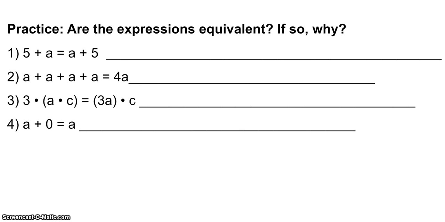Okay. Well, let's look at number 1. 5 plus A is equivalent to A plus 5. Well, let's see. It looks like that 5 and that A are switching places. Therefore, it is equivalent because it's also addition. They're switching places and it's addition. And if they're just switching places, that's just like that blue and that green M&M.